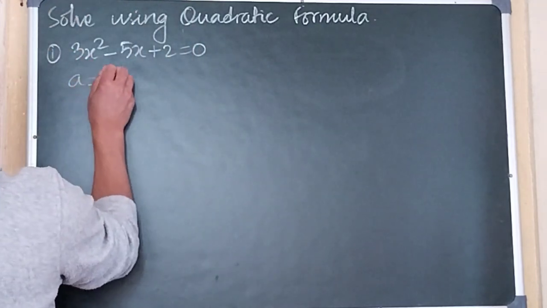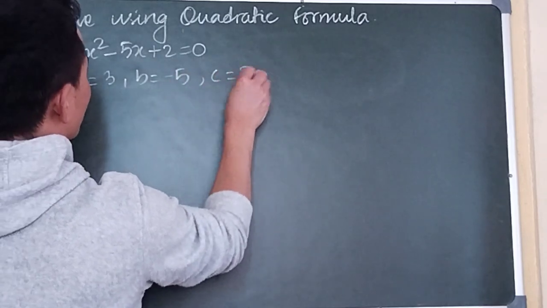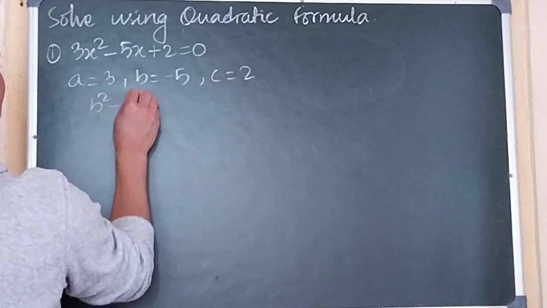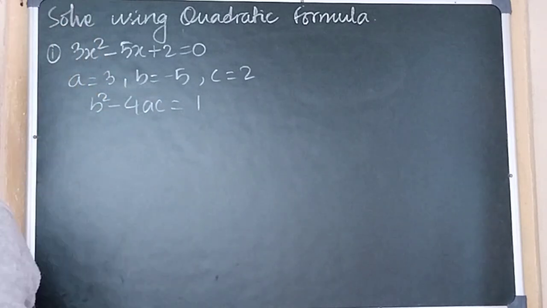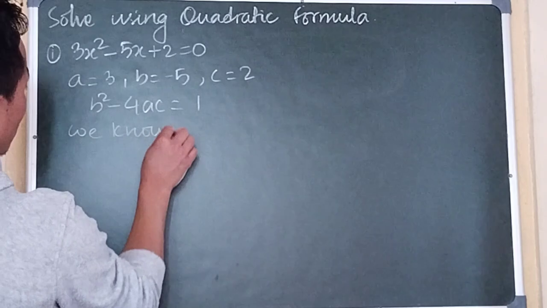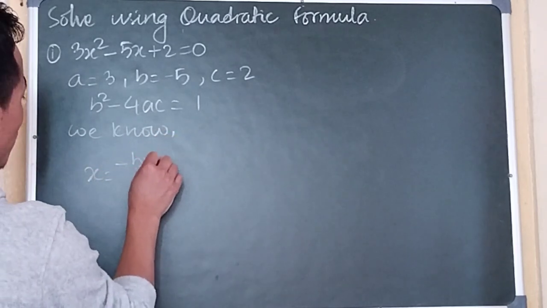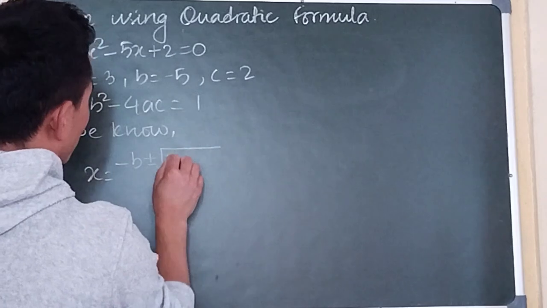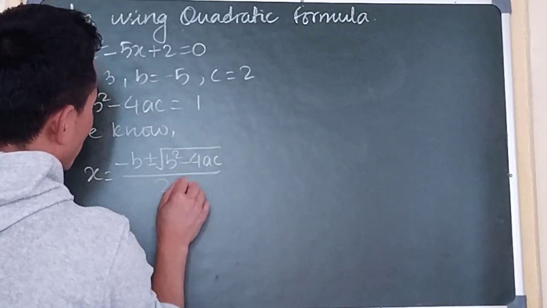Here a was 3, b is minus 5 and c is 2, and we got b square minus 4ac equals 1. Now the formula that we have is x equals minus b plus minus under root b square minus 4ac divided by twice of a.